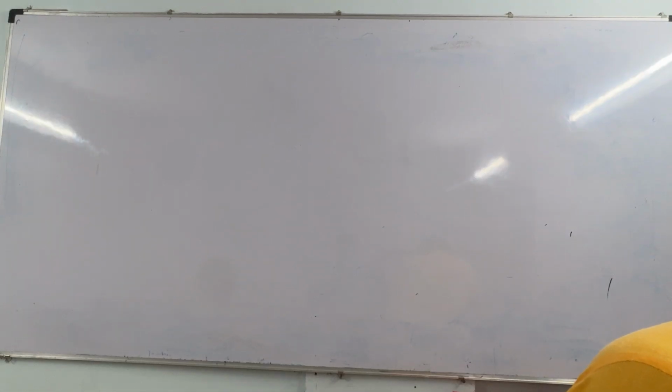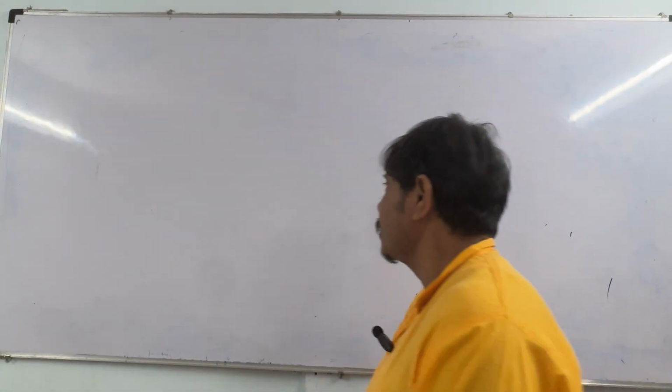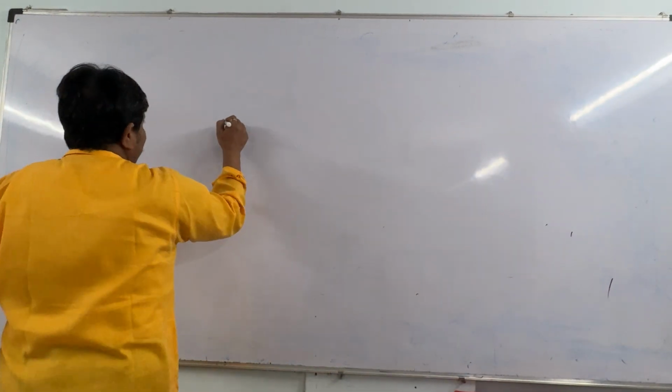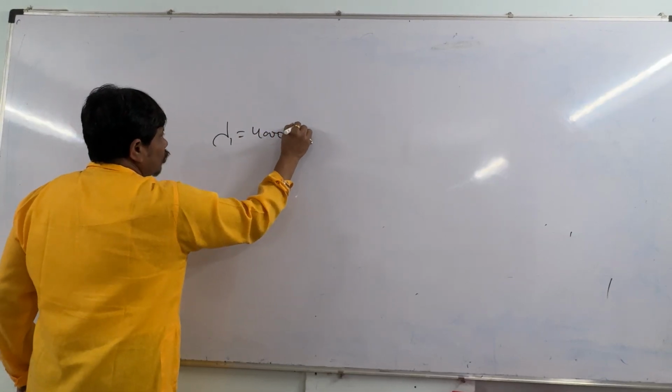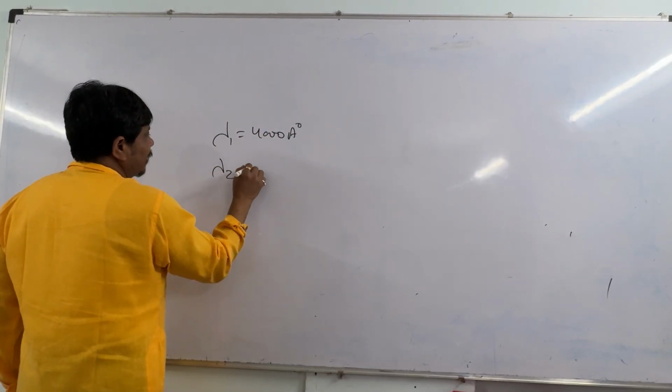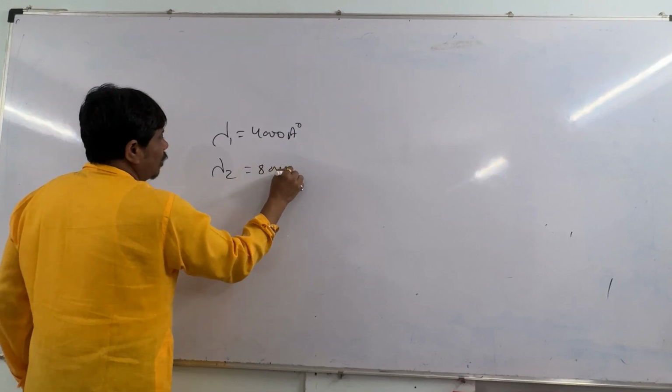So they have asked why the ratio of velocity of light of wavelength 4,000 angstrom and 8,000 angstrom in air is 1. Wavelength is 4,000 angstrom and wavelength is 8,000 angstrom.